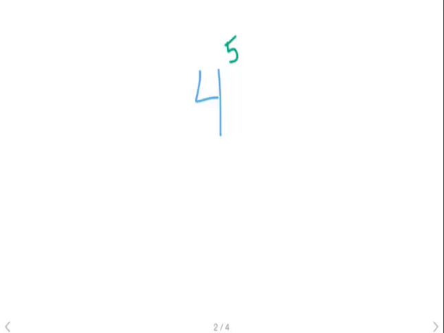What that means is not 4 times 5, but it means 4 times 4 times 4 times 4 times 4. So it's 4 times itself 5 times. So whatever that happens to be, I don't have my calculator handy, but you guys can do that math, no problem. That's 4 to the 5th.